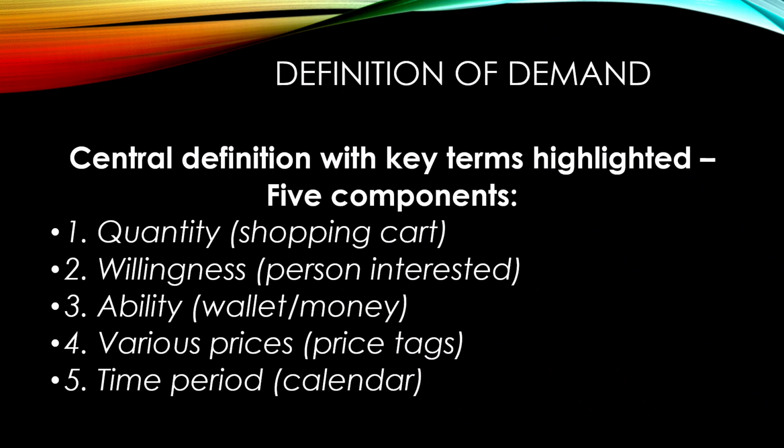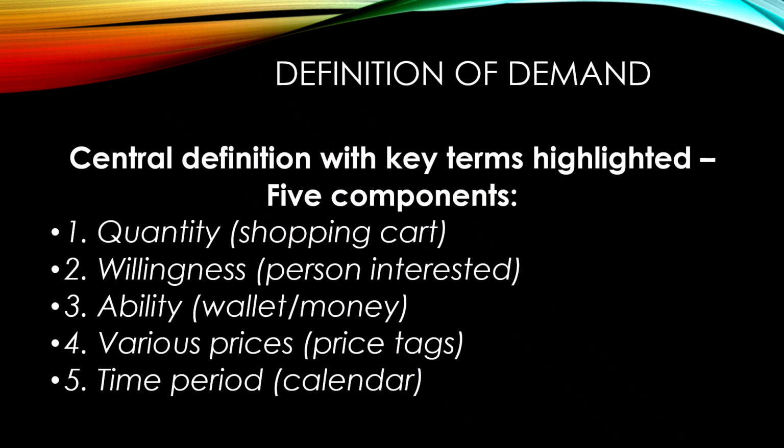Now, I want to consider the definition of demand. In the definition, you are going to see these 5 key components. 1, quantity. You are talking about the shopping cart. 2, willingness. You are looking at the person's interest. 3, ability. Here, your wallet, your money.